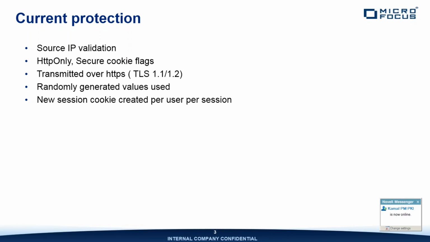These cookie values are randomly generated, so one cannot use any guesswork to create a new cookie or duplicate the cookie value. A new session cookie is created on a per session, per user basis. If the user logs in again from the same browser, he gets a new cookie and the old cookie will not get reused. So we have such kinds of protections.